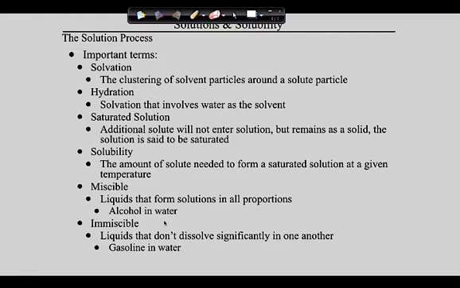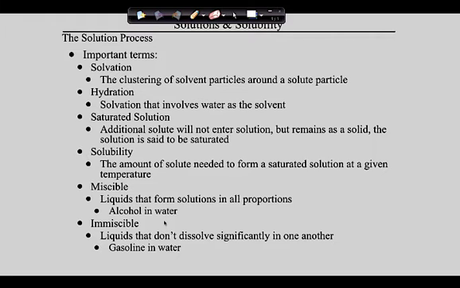So the important thing to think about though is, with dissolving, it's those intermolecular forces holding the solute and the solvent together. Go ahead. And so when we picture, for example, salt dissolved in water, we've got the sodium ions surrounded by the water, we've got the chloride ions surrounded by the water.